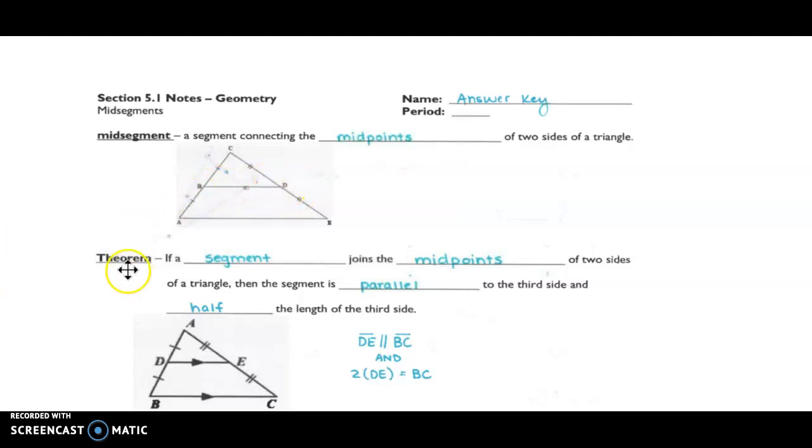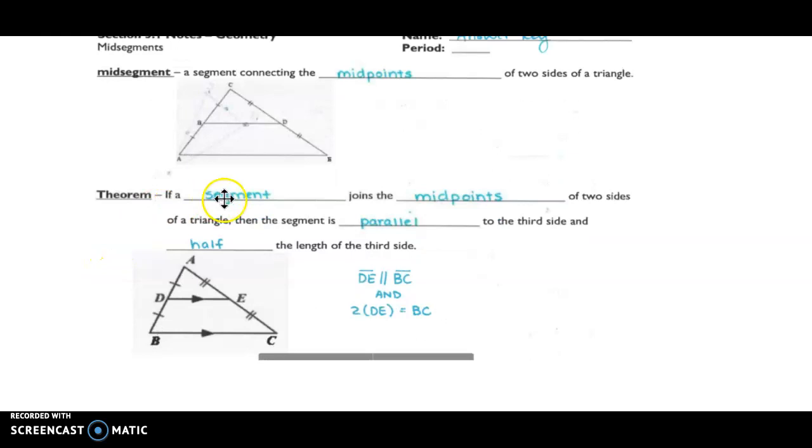There's a theorem that says the mid-segment is parallel to the base. And not only that, the length of this mid-segment, in this case DE, is half the length of the base BC. Or you can say that BC is twice the length of DE. That'd be the same thing.